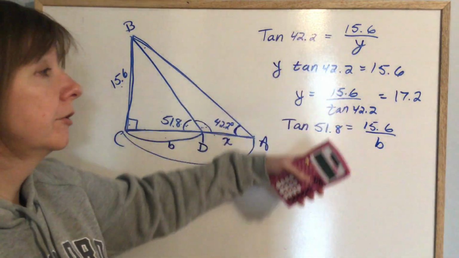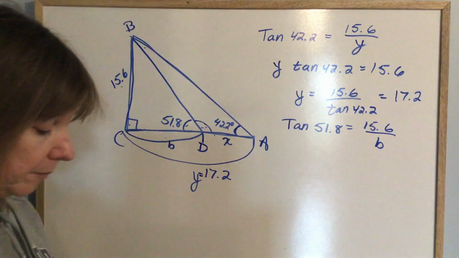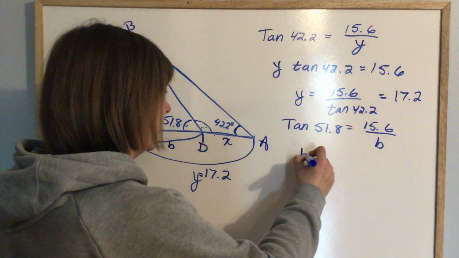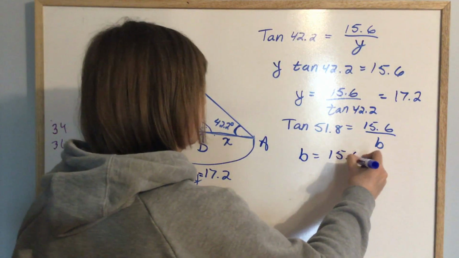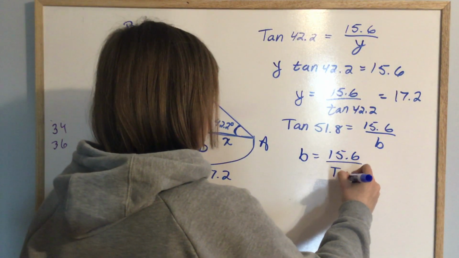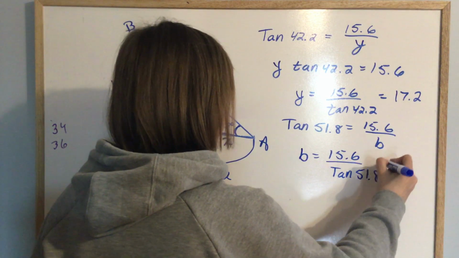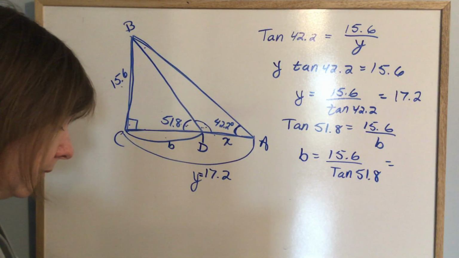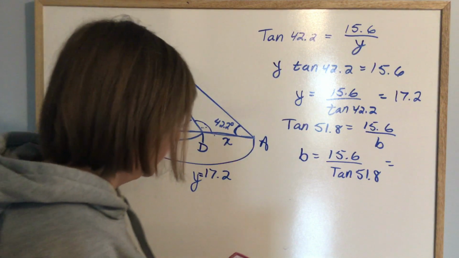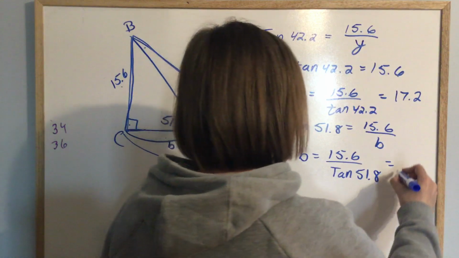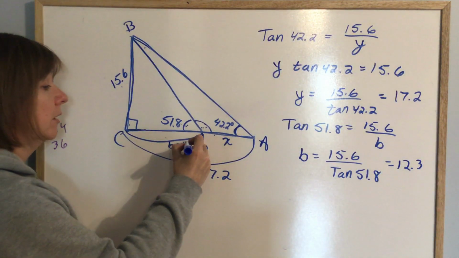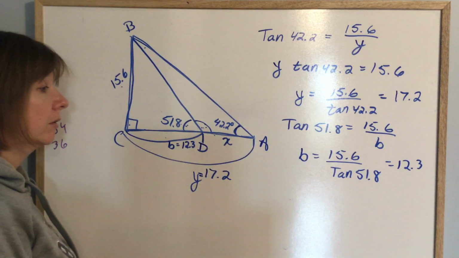I would go through all the same steps as I would here. So I'm going to end up doing 15.6 divided by tan of 51.8. And I get 12.3. So from there to there is 12.3.